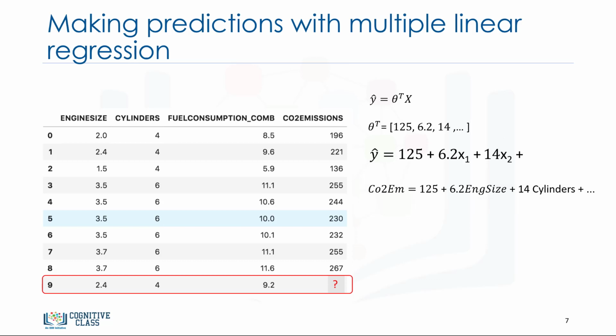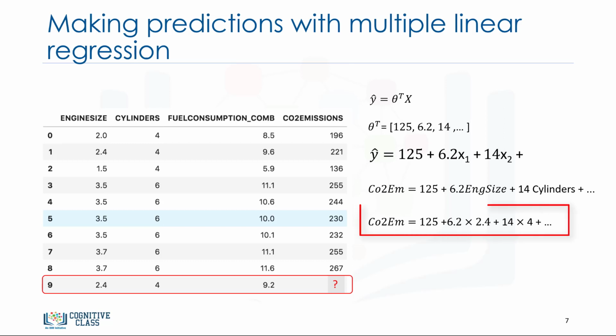As you can see, multiple linear regression estimates the relative importance of predictors. For example, it shows cylinder has higher impact on CO2 emission amounts in comparison with engine size. Now, let's plug in the 9th row of our data set and calculate the CO2 emission for a car with the engine size of 2.4.